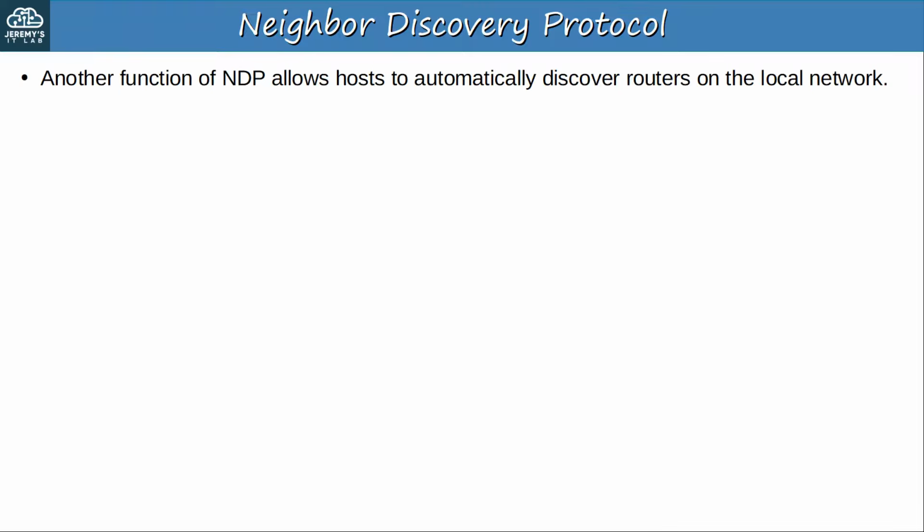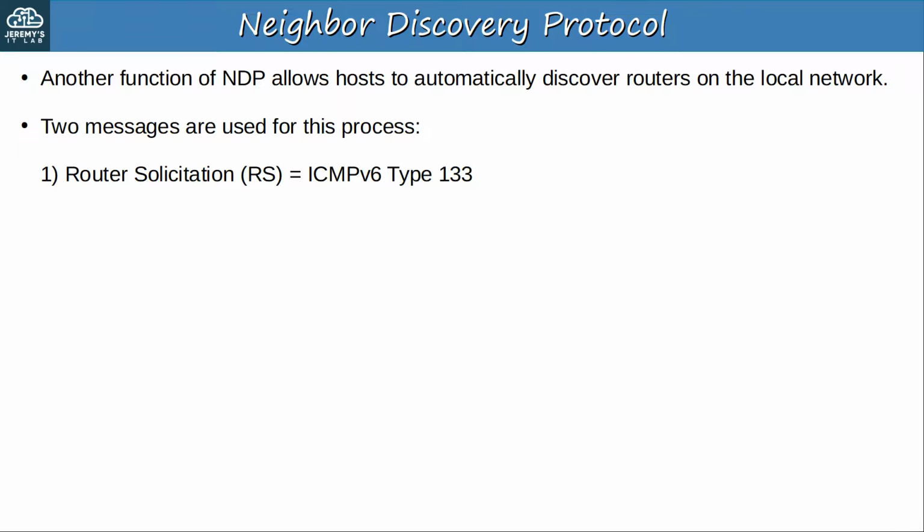Okay, I will briefly explain one more function of NDP before moving on. This is necessary to understand the next topic. Another function of NDP allows hosts to automatically discover routers on the local network. Again, two messages are used for this process. First one, router solicitation, which is ICMPv6 type 133.